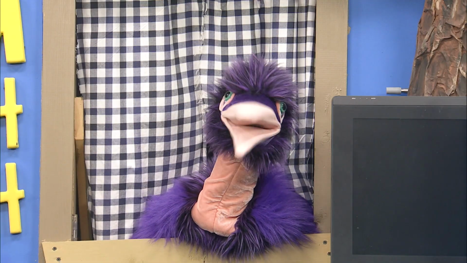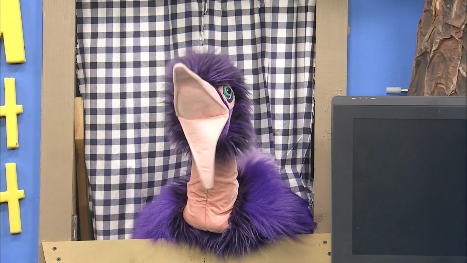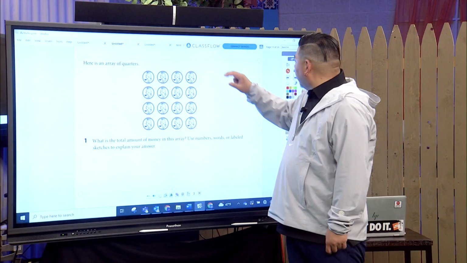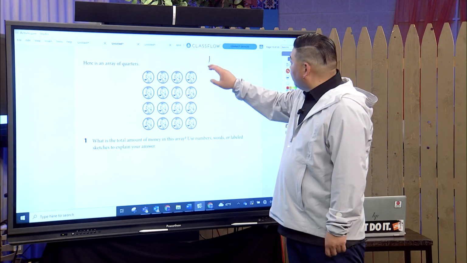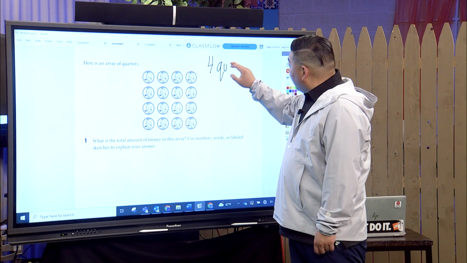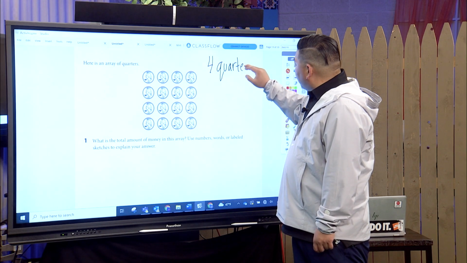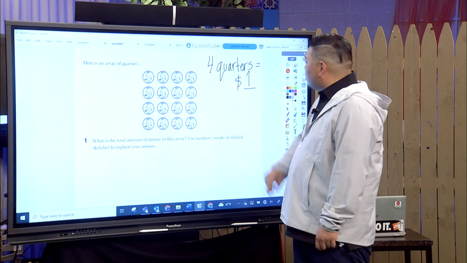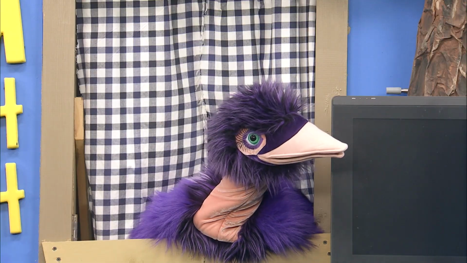Well, what I know is that 4 quarters equals $1. Does that help us? That does. And those are in rows of 4. So 4 quarters equals $1. What else do we notice?